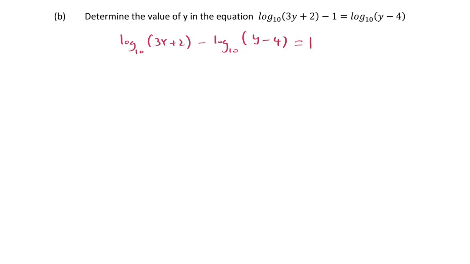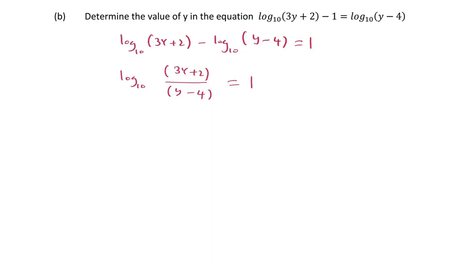So next we are going to apply the quotient rule. Then our equation is going to be log base 10 in brackets 3y plus 2 over in brackets y minus 4 equals to 1.